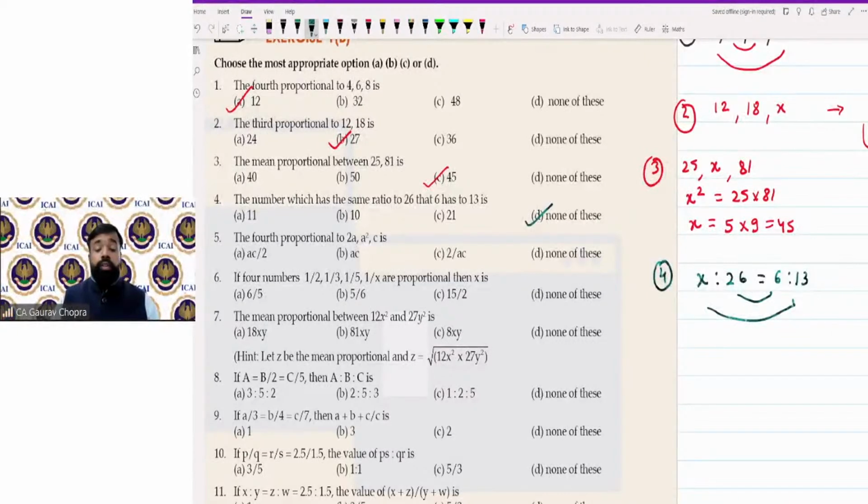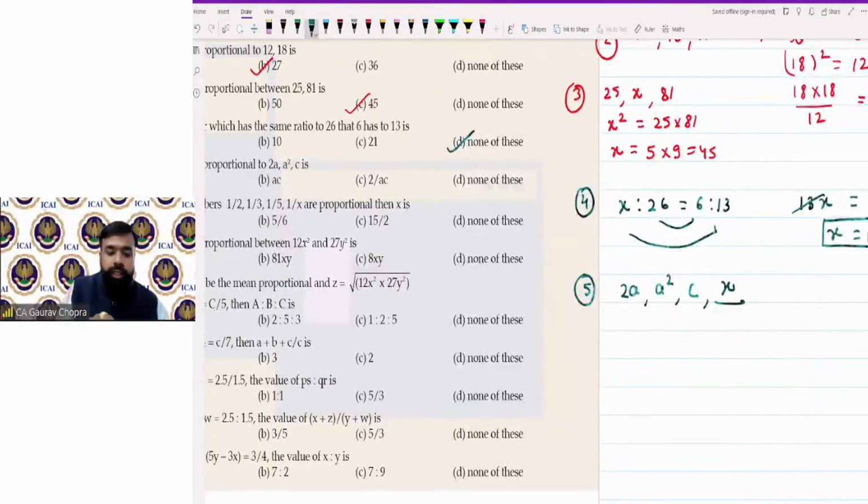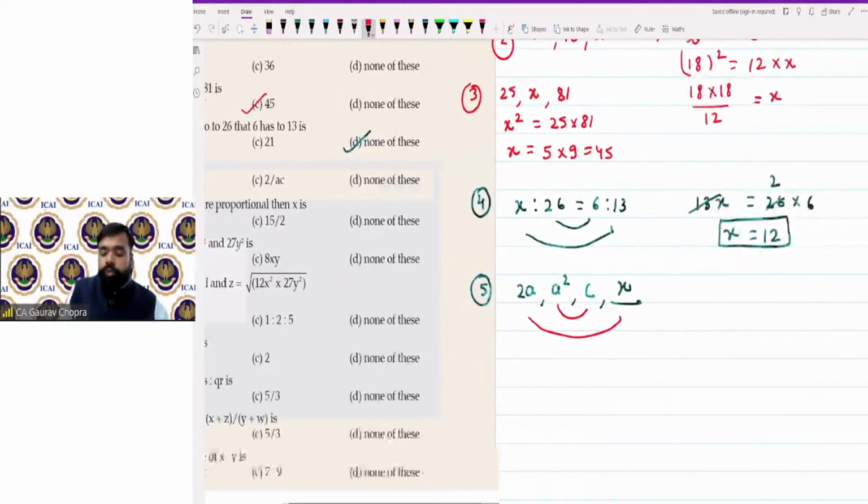Now the fifth one, you have to calculate the fourth proportional. 2A, then A square, and then C. Let the fourth proportional be X, so apply the same method, product of mean and product of extremes.